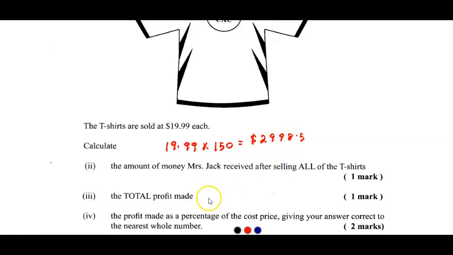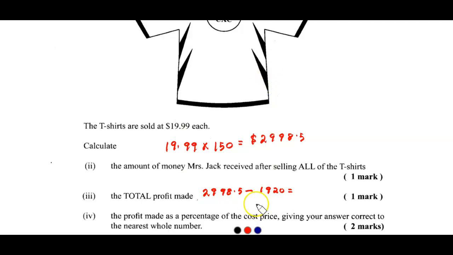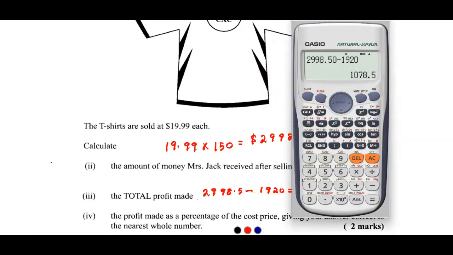So we would have $2,999.98 minus $1,920. Okay, and so what we have there is $1,078.50 for the profit.